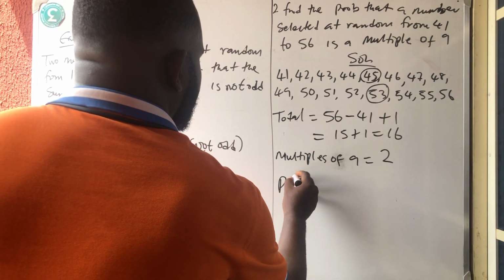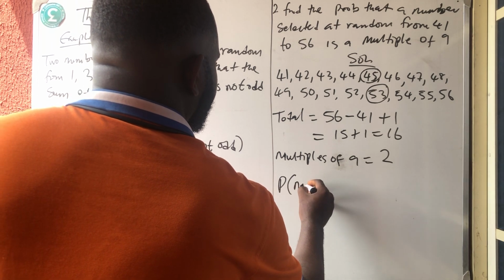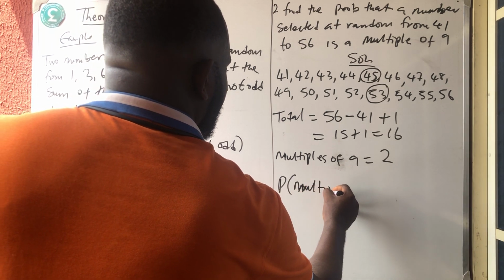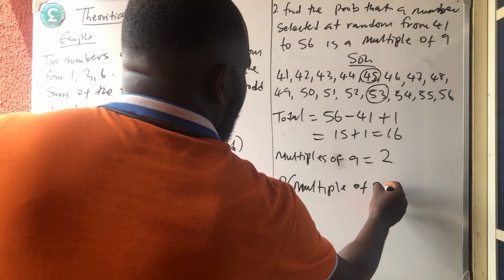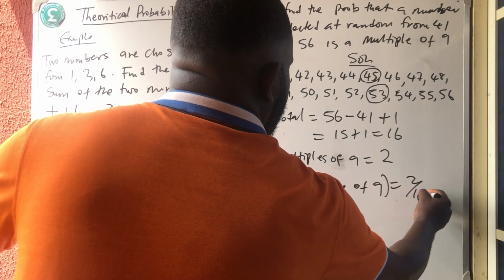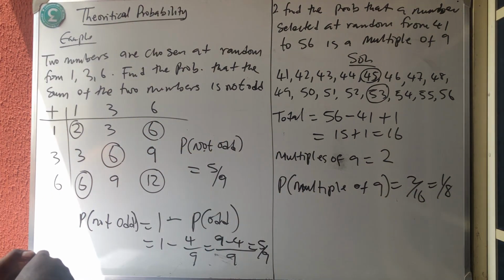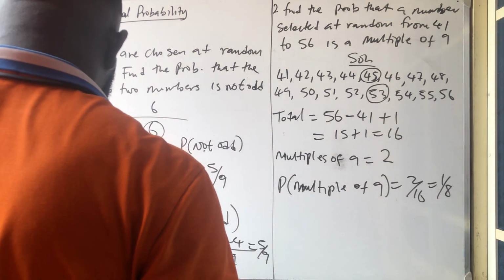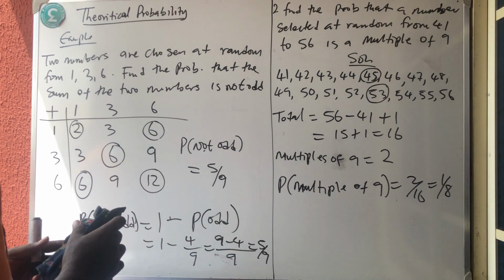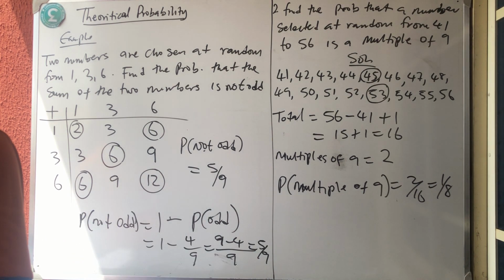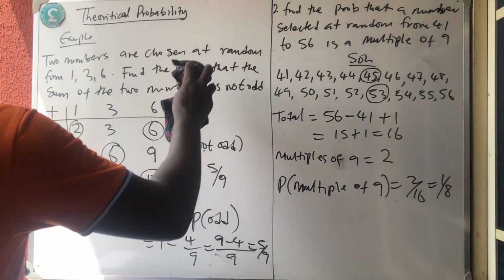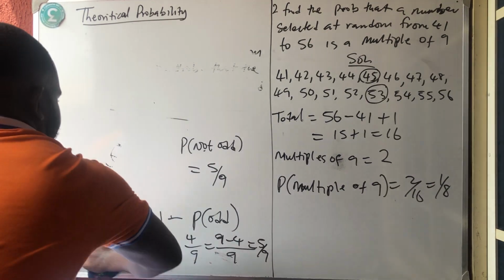So the probability of a multiple is just 2 over 16, which is 1 over 8. As simple as that.